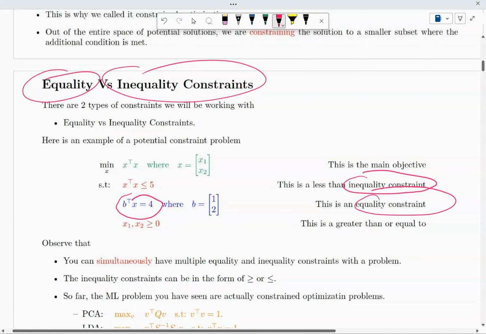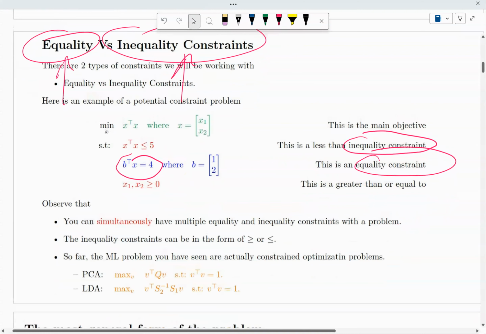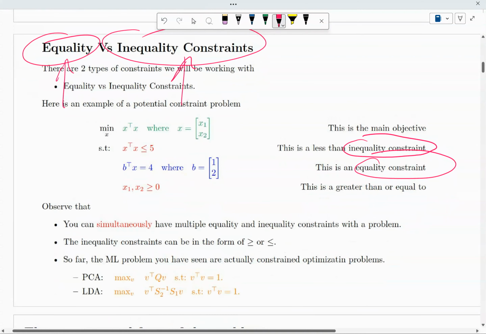So with constraints, you can have two types: equality or inequality. Inequalities that are greater than or less than are basically the same, because if you put a negative in front, it converts from greater than to less than. So in general, we convert everything to less than 0. That's the standard we tend to use.